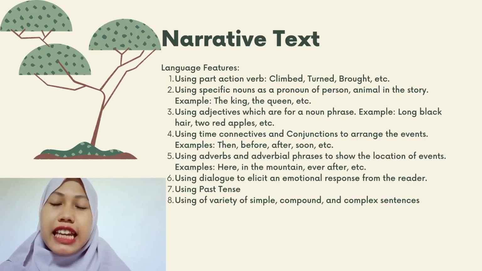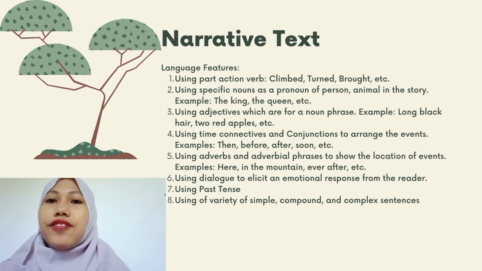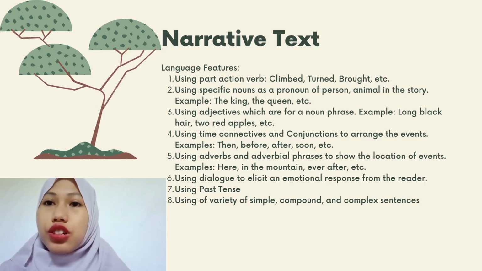Language features in narrative text. First is using action verbs. The examples are climbed, turned, proud, and so on. The second is using specific nouns as pronouns of person or animal in the story.